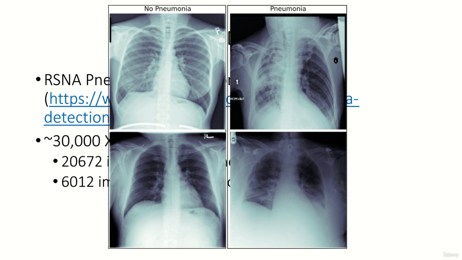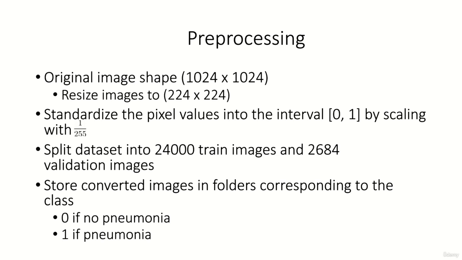Now, after getting to know the problem and why it matters, it is time to dive into the technical aspects. At first, we need to define our data pre-processing routine. The original X-ray images of the pneumonia detection dataset have a shape of 1024 by 1024.